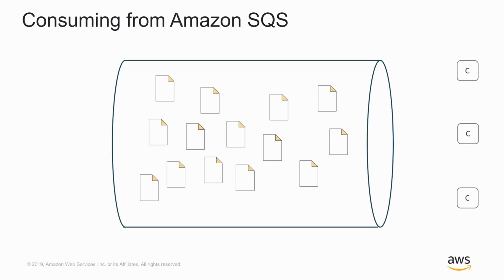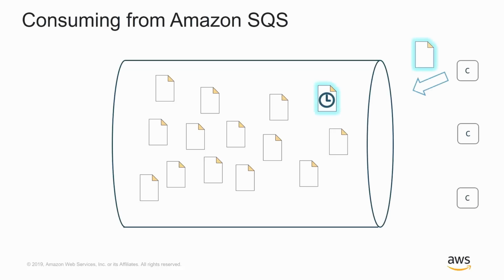And on the right-hand side, we see 3 services that want to consume messages from SQS. So the way consuming works is these consumers just call receive message on an Amazon SQS queue. And they get to provide from which queue they want to receive messages, but they cannot tell SQS which message they want to receive. It's up to SQS to pick a message to return.